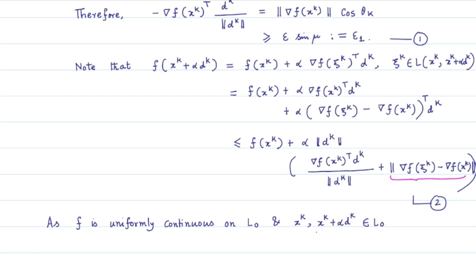Here we are taking up this xk plus alpha dk belonging to L naught because we are going to employ this alpha to be an exact minimizer of the function f along the direction dk, and as the exact minimizer is also inside the set L naught, xk plus alpha dk is also in L naught, and hence xi k is also inside L naught.